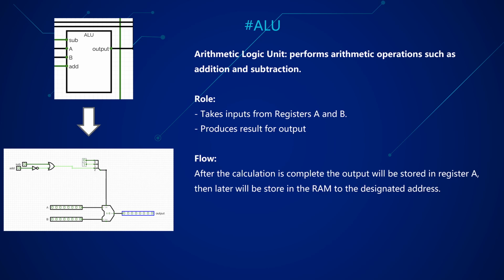And how do we control whether it is addition or subtraction? It is through the control signal. Addition will be 0, 1, 0. Subtraction will be 0, 1, 1.